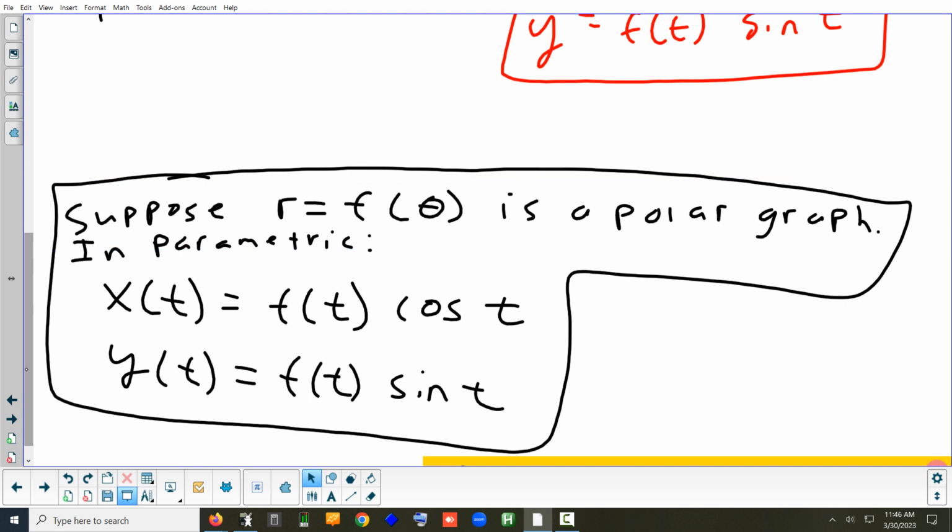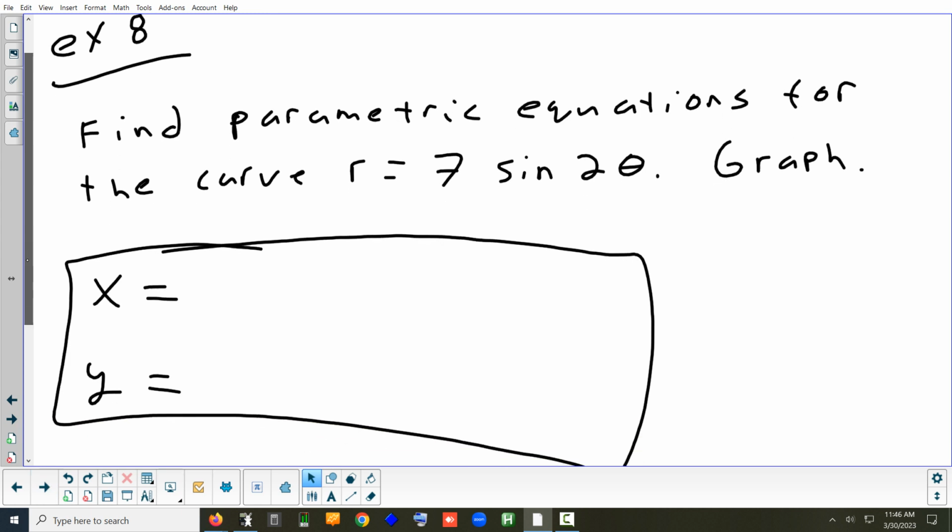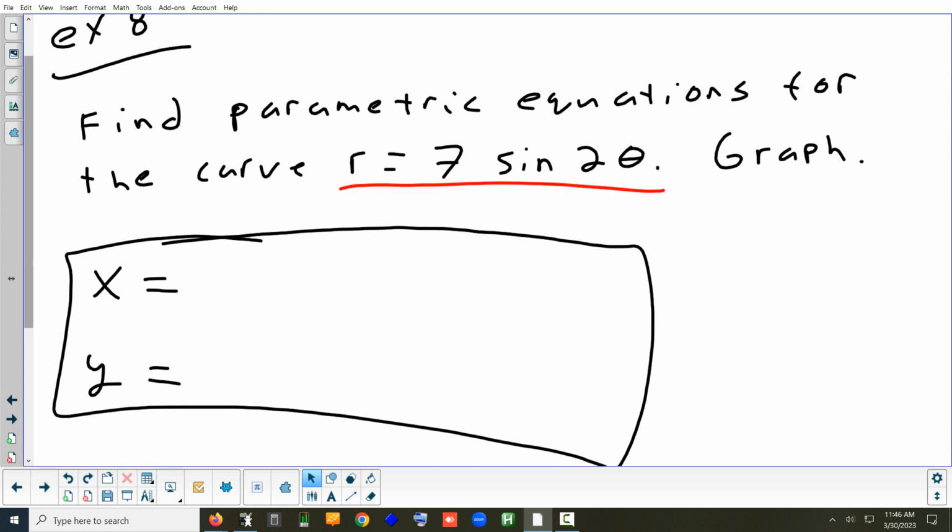Let's try. So here's our function. Remember, function renamed with a t times cosine, function renamed with a t times sine. Anyone have an idea what I'm going to put? f of theta is 7 sine 2 theta.